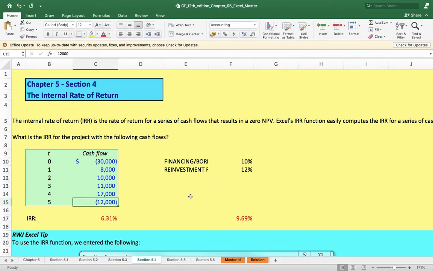That means there are positive cash inflows and a negative cash flow too. First year 8,000, 10,000, second year 11, third year 17, fourth. And in the fifth year, the company has to spend 12,000 for shutting down. So project closure expenses or shutdown expenses.